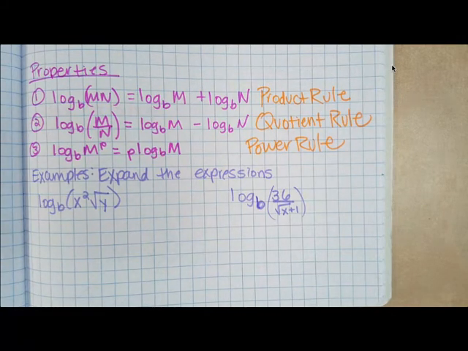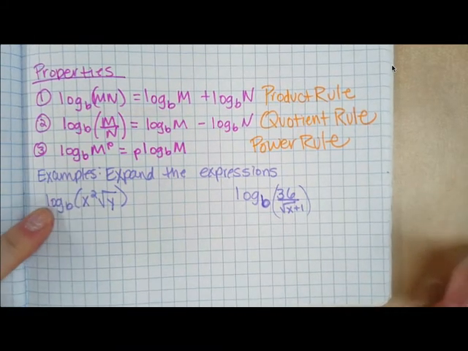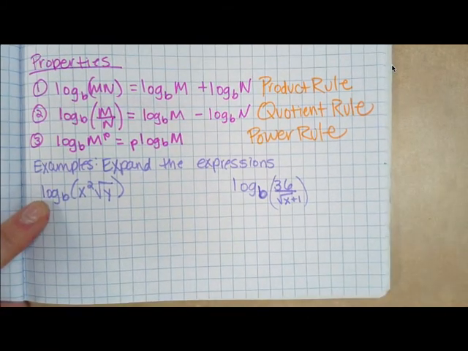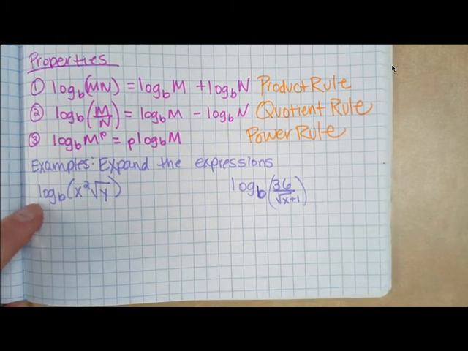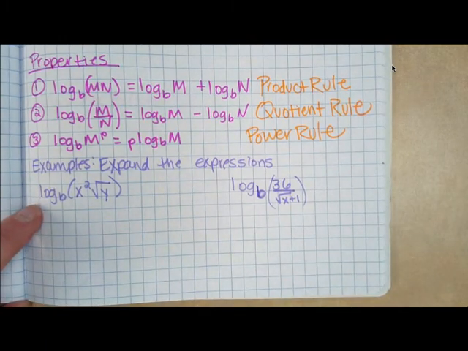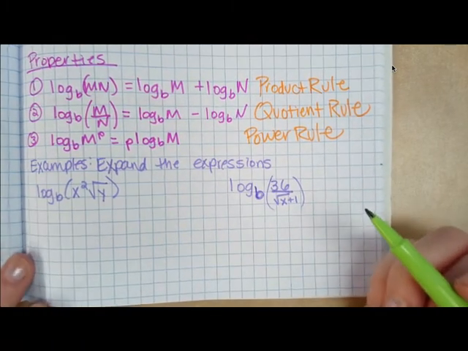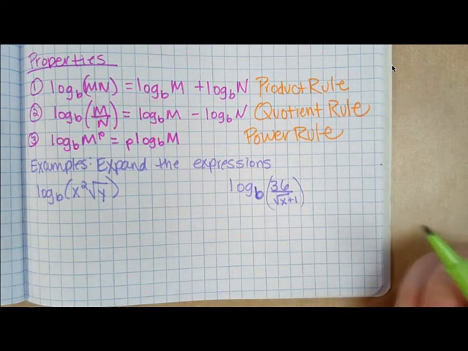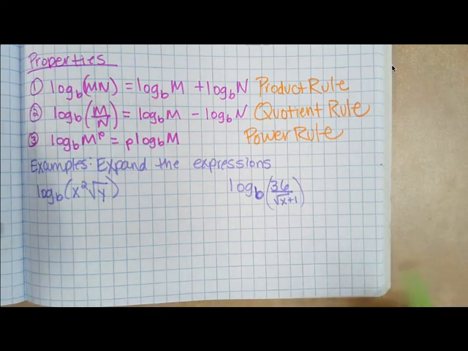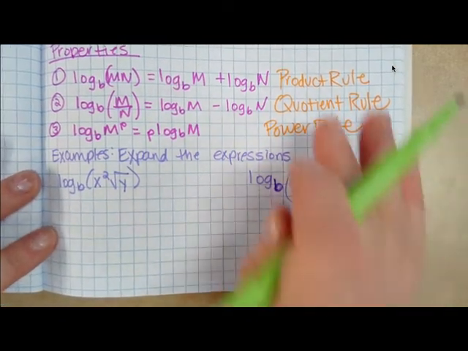Okay, so let's do log base b of x squared times the square root of y. Okay, what property can we do first? Yeah, the first one.